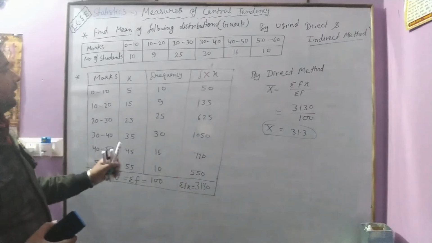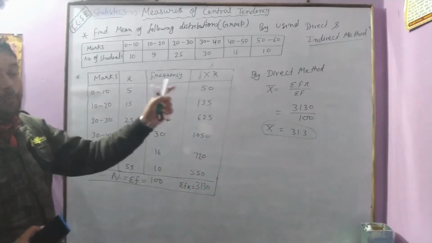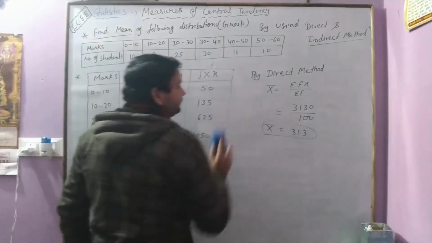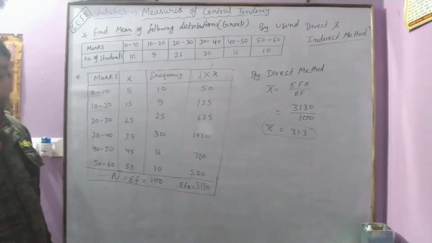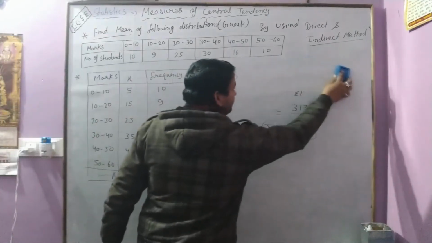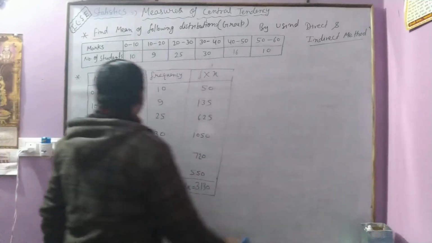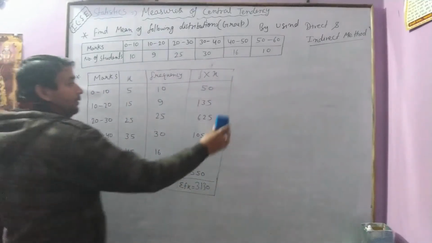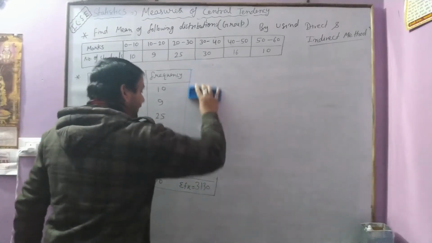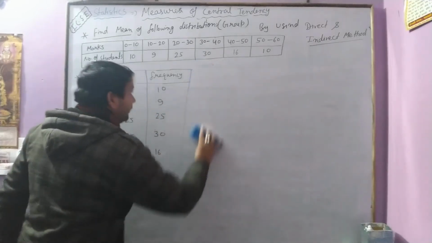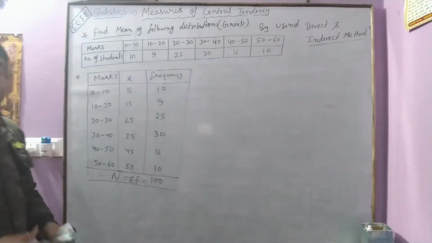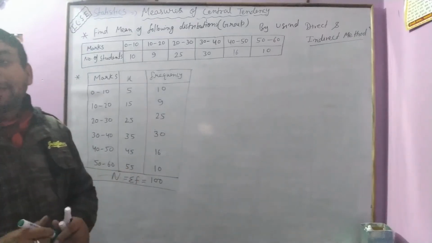So we are using, in place of direct method, some indirect methods. Okay, complete it. In indirect method you have to first think the assumed mean.